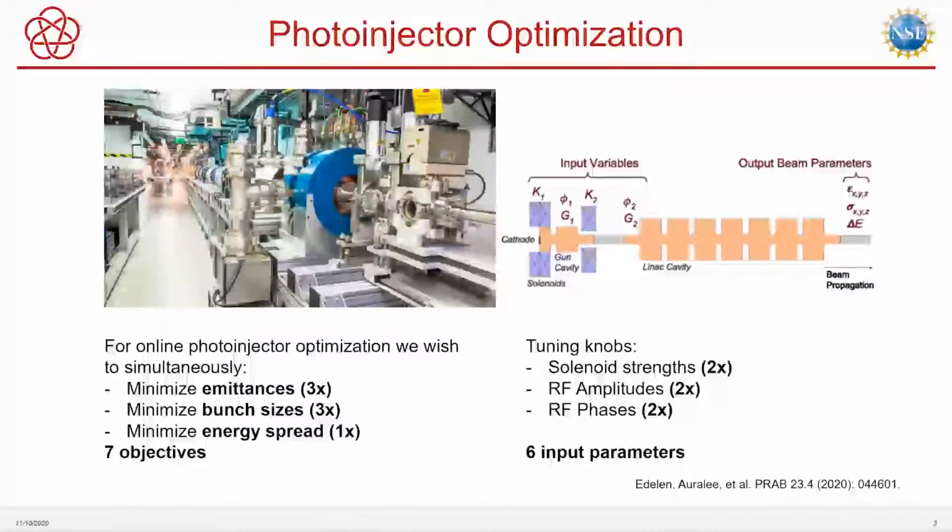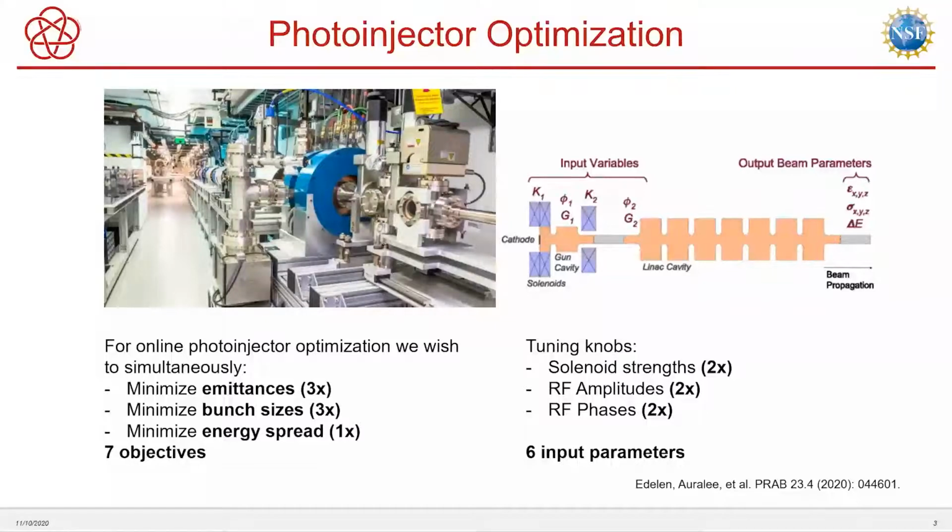So to motivate this, I can provide this example problem that we have. This is the cesium telluride photoinjector at the Argonne Wakefield Accelerator at Argonne National Lab here in Illinois.